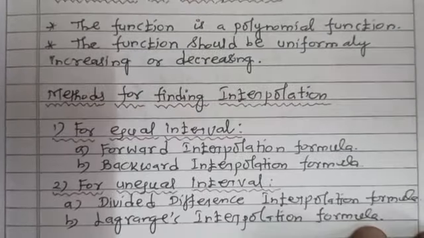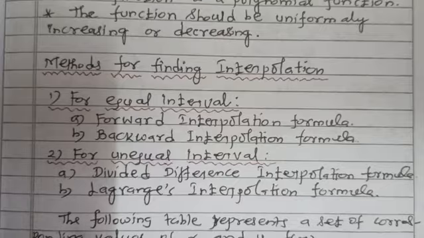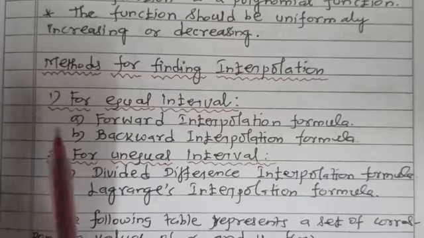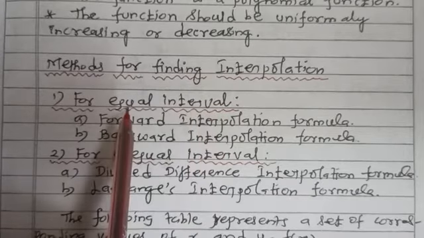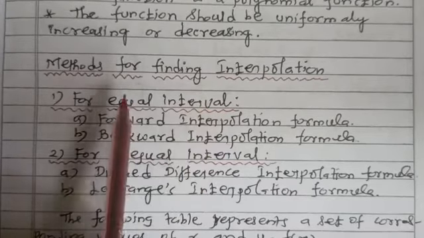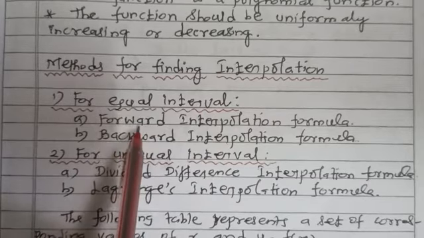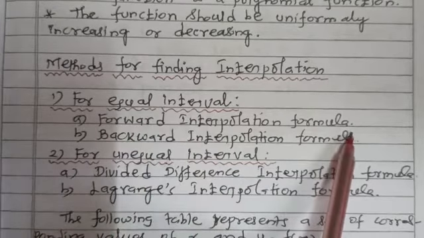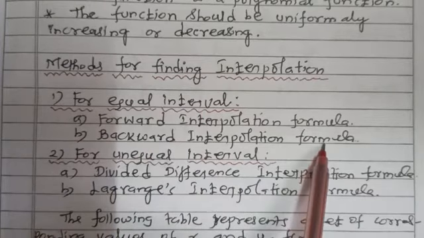Methods of interpolation. There are two types of interpolation. First one is for equal interval. In equal interval, there are two types. First one is the forward interpolation formula, and second one is the backward interpolation formula.